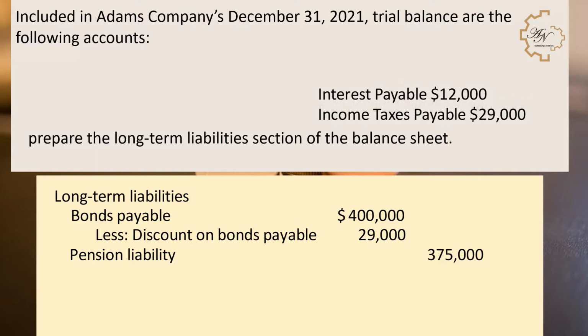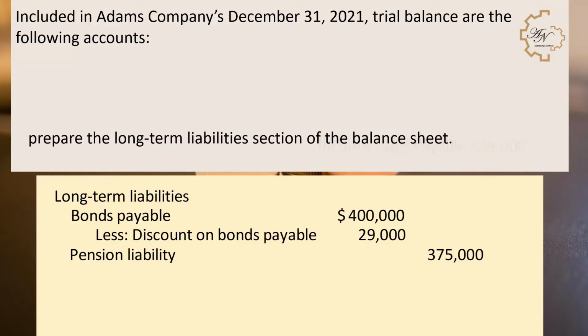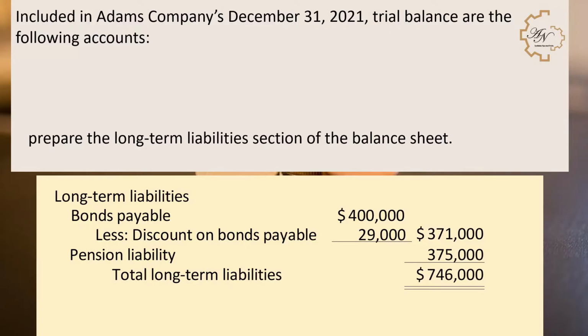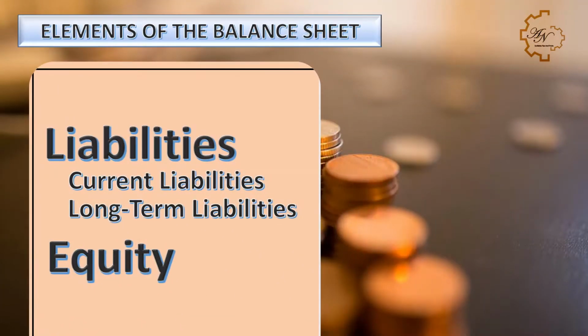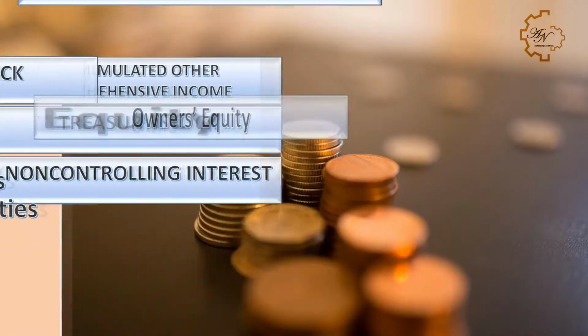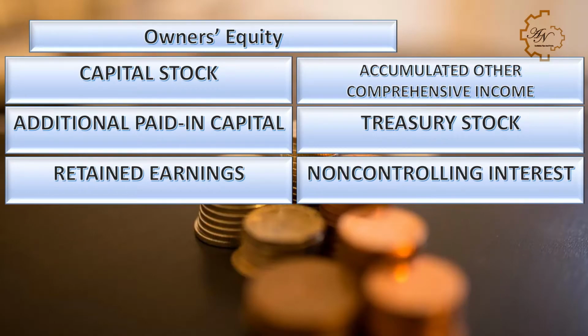Salaries and wages payable. In the current. Interest payable, also current. Income tax payable, also current. The total long-term liabilities, $746,000.